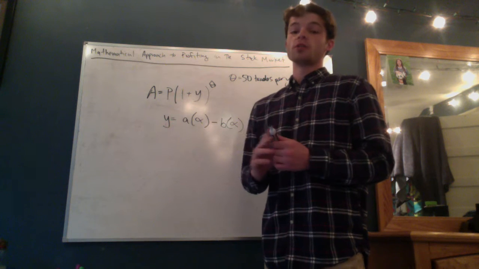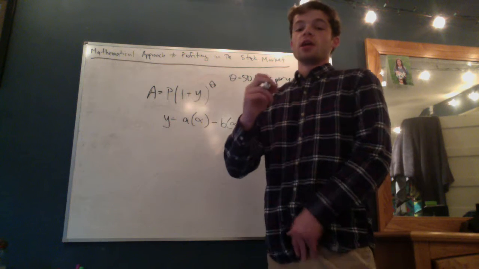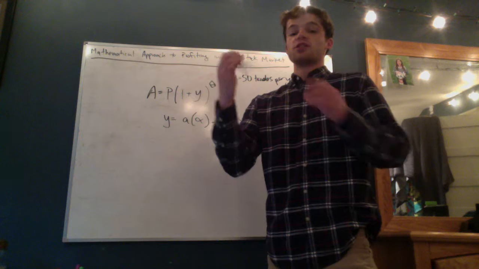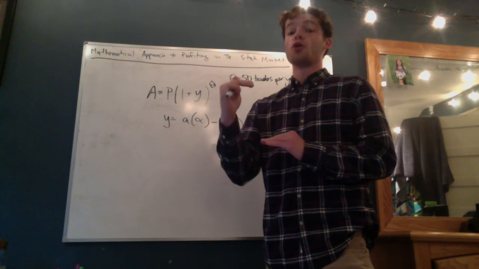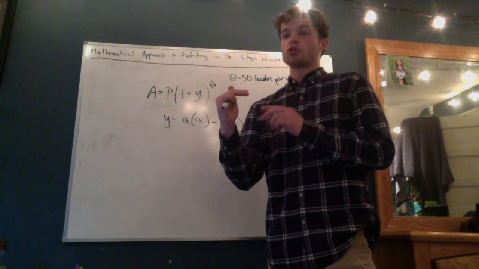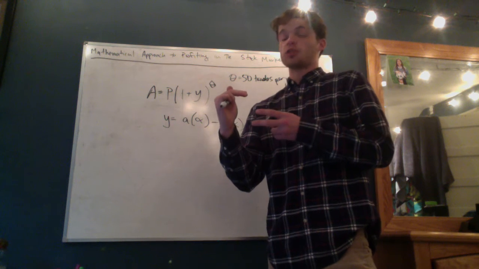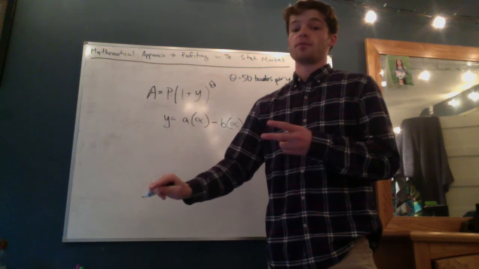A stop loss is where you set it so that if the stock price falls to a certain level below where you bought it, say it drops $2 from where you bought it, your stop loss will trigger and you'll sell the stock and that'll be the end of it.